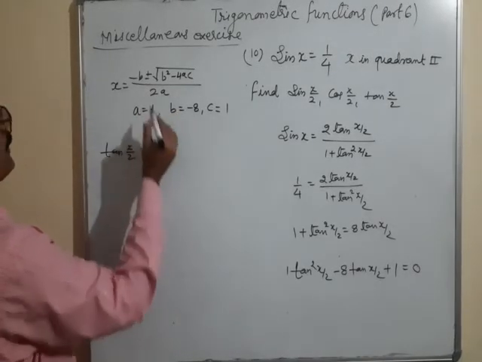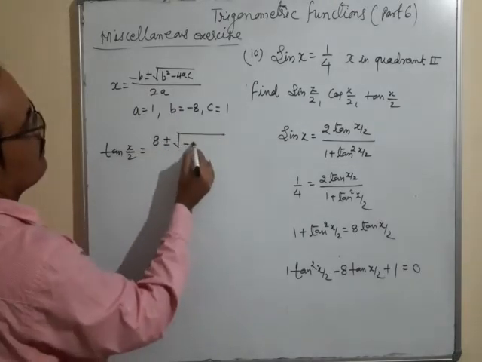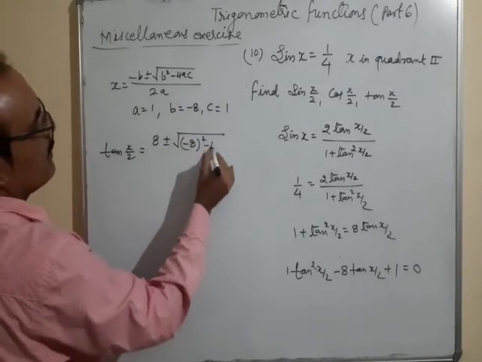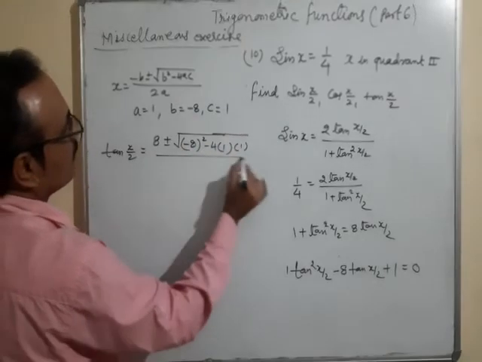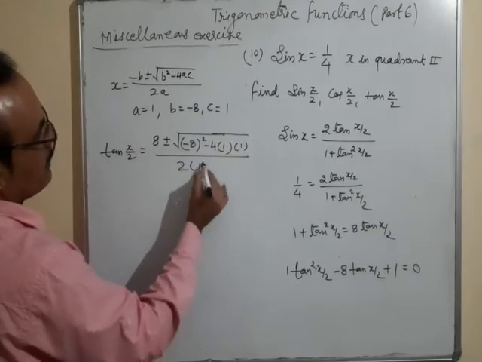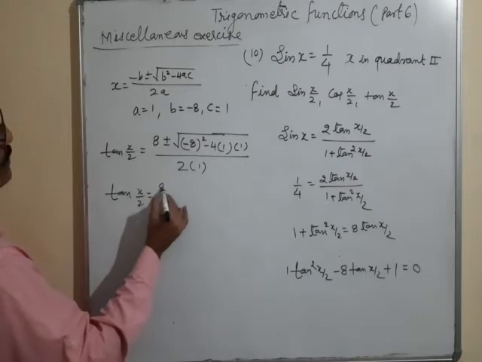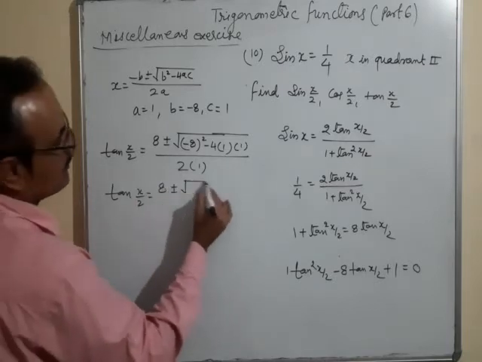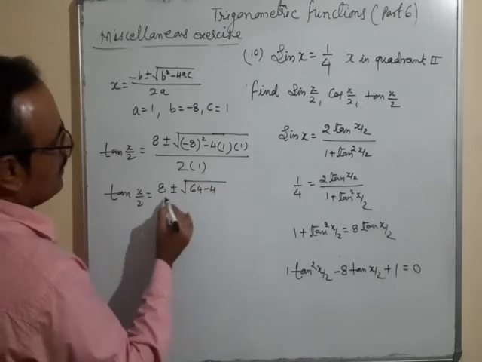equal to minus b, that is 8, plus minus under root b square, minus 8 square, minus 4ac, upon 2a. So tan x by 2 is equal to 8 plus minus under root 64 minus 4, upon 2.